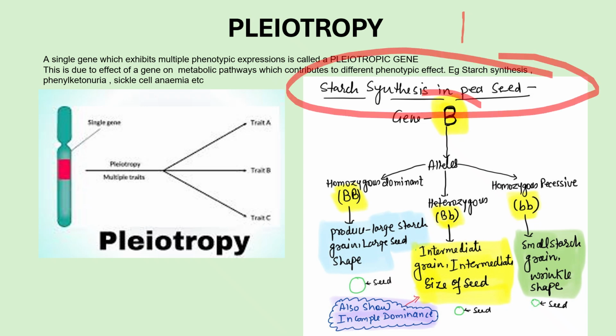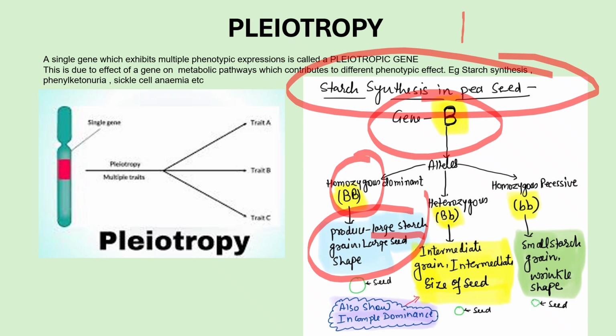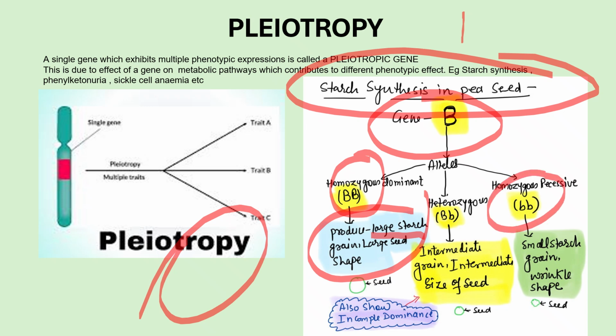So the gene responsible is the gene B. When it is in the homozygous condition, it produces large starch grains and large seed. So grains are also large and seed size is also large, right? But in case of homozygous small b, the size is small and the grain shape is wrinkled.